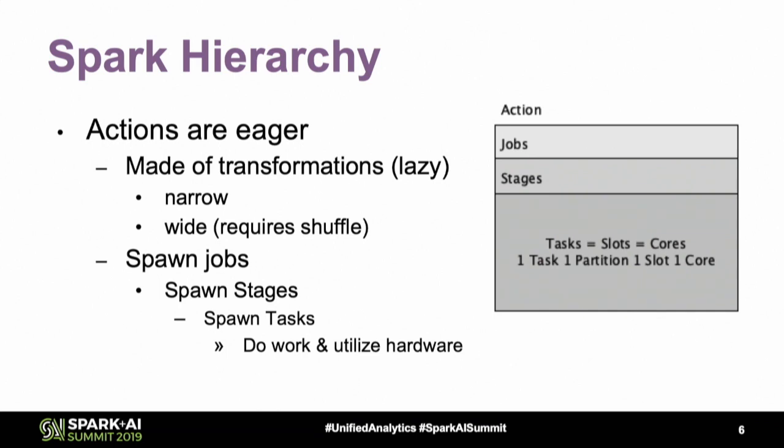And that also operates on one partition of your data, one Spark partition of your data. So one task takes up one core at a time and takes up one slot. All of those things kind of mean the same thing. Also, tasks are the only thing that interact directly with your hardware. Everything else is meant for kind of organization and structuring of the process.